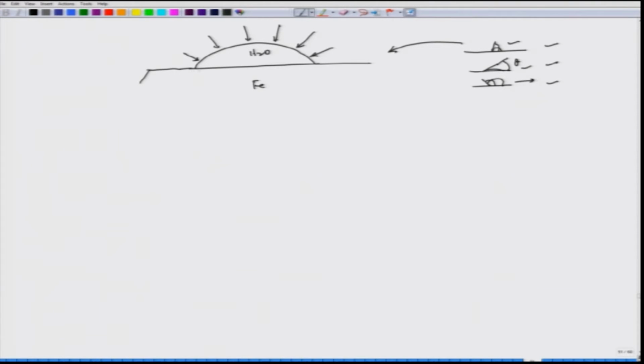Now, this H2O becomes my electrolyte, and we have iron and also oxygen. So immediately we start having this reaction.